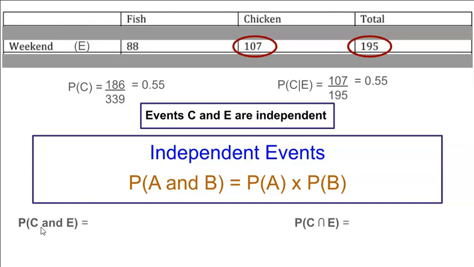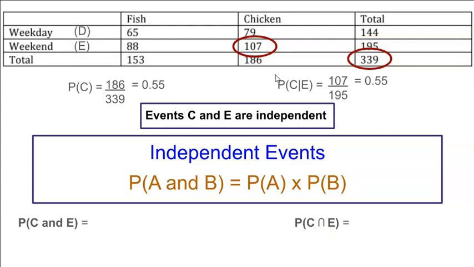I have here listed the probability of C and E, using the notation for the intersection. If we look at our table, we can see that the probability of chicken and the weekend is 107 over 339, which gives us 0.3156. Now let's see if that's the same as the probability of A times the probability of B.